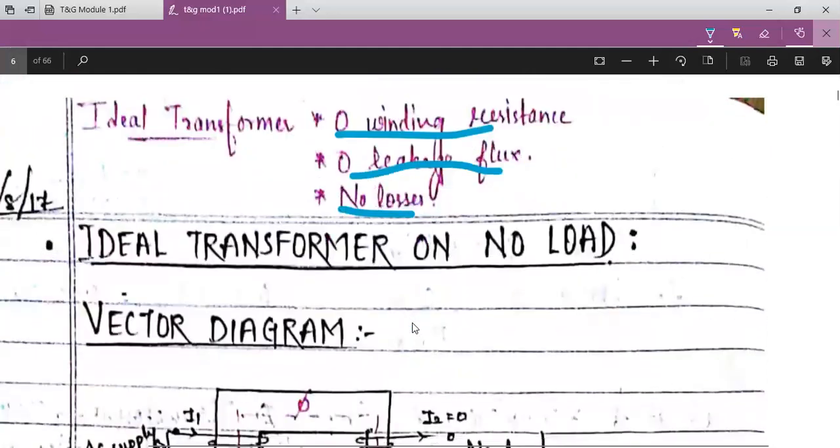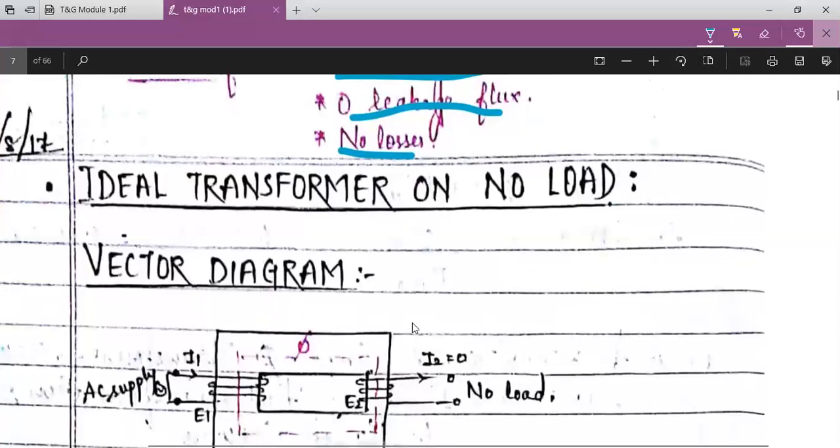First you should know what an ideal transformer is: a transformer which has zero winding resistance, zero leakage flux, zero copper loss and iron loss. That type of transformer we call an ideal transformer, and the output power is the same as the input power.